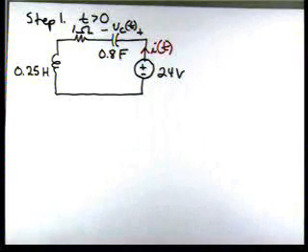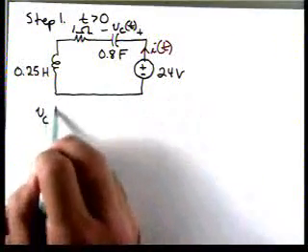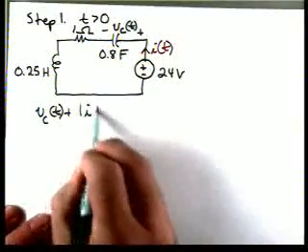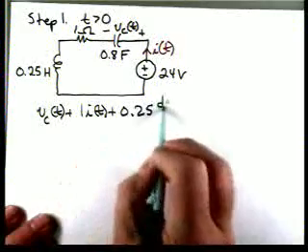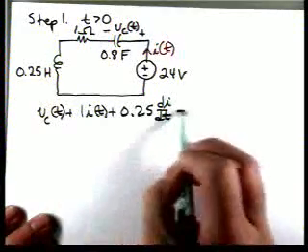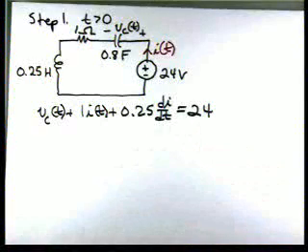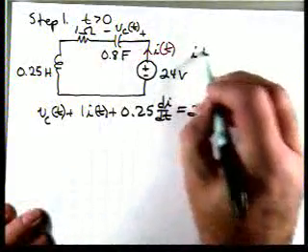And now let's apply Kirchhoff's voltage law around this loop clockwise. So we'll have Vc of t plus 1 times i of t plus 0.25 di/dt equal to 24.